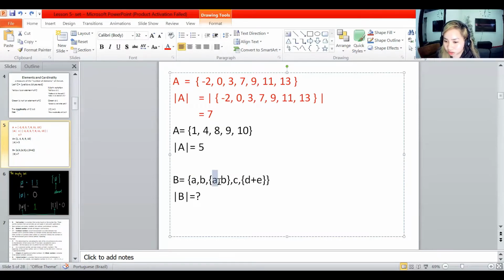Tapos, itong dalawa na nasa loob ng curly braces, binibilang siya as 1 lang po, kasi nasa loob siya. And ito po yung bibilangin natin, yung elements before nung comma. So, 1, 2, 3, 4, and 5. So, meron tayong 5 cardinality or size of a set.